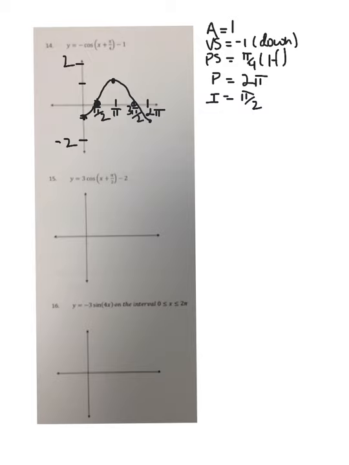and that would be the graph of your original y equals negative cosine x. Now what we're going to do is take that graph and shift everything to the left pi over 4, which is going to require me to put slashes in between.